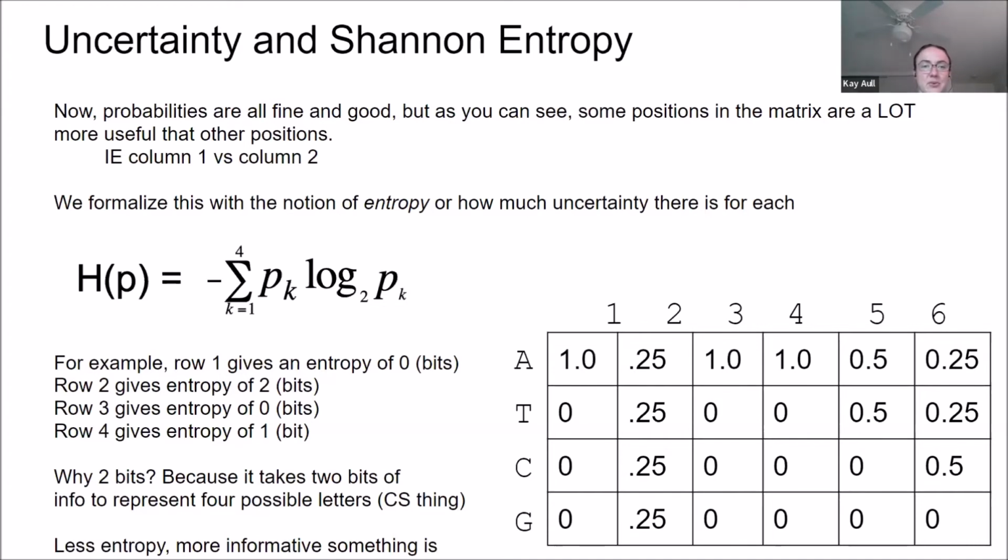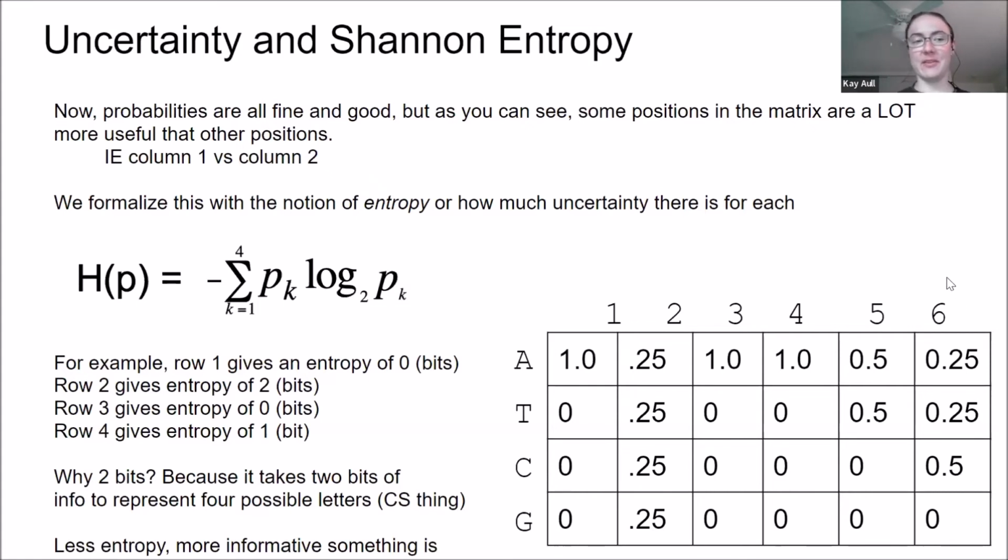So it turns out that if you have a probability of 0.25 at your position A, and then you would end up with a weight of 0.5 here, and you would also end up with a weight of 0.5 here and a weight of 0.5 here, and so this position is not that informative.